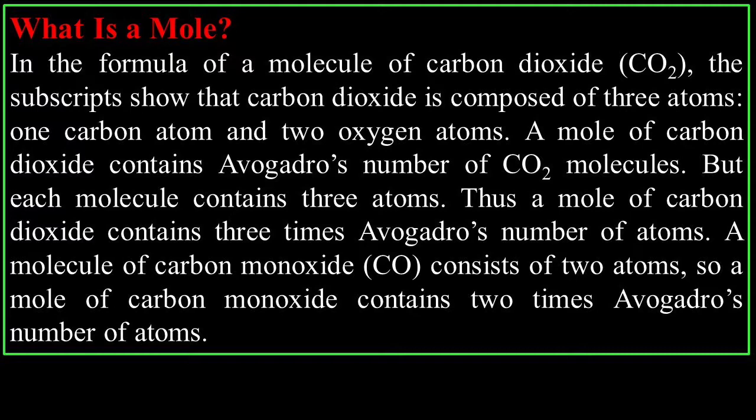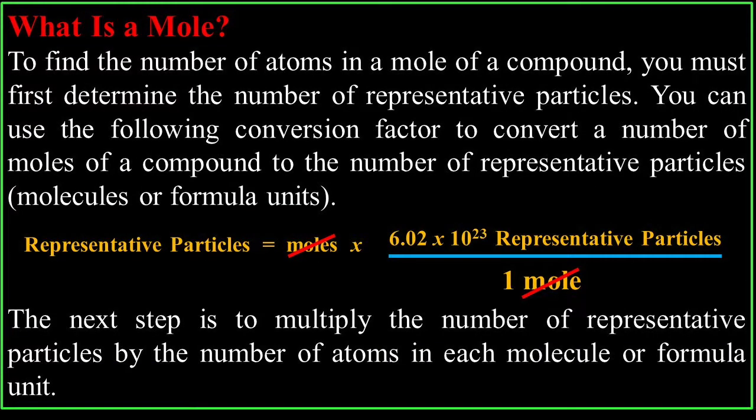So, you'd say a mole contains 6.02 times 10 to the 23rd. If you multiply it by 2, that would be 12.04 times 10 to the 23rd. To find the number of atoms in a mole of a compound, you must first determine the number of representative particles. You can use the following conversion factor to convert a number of molecules of a compound to the number of representative particles, molecules or formula units.